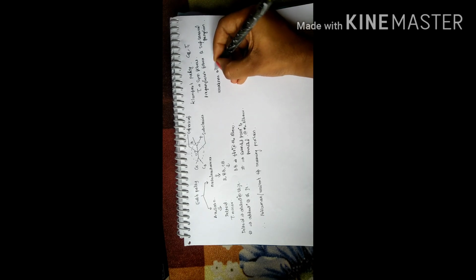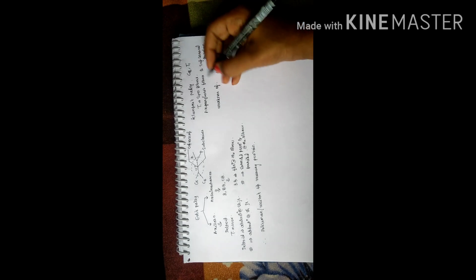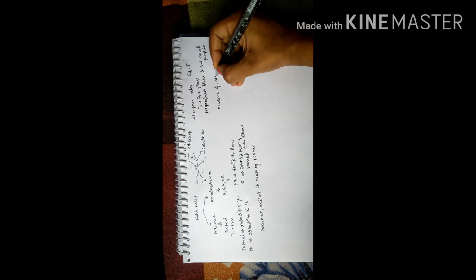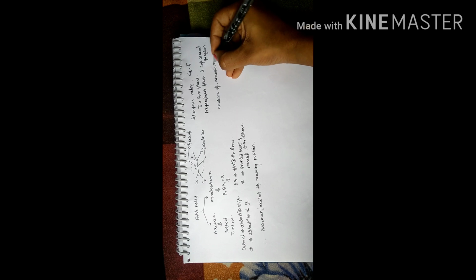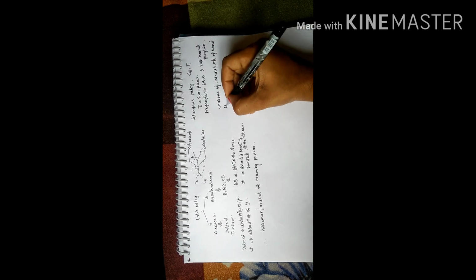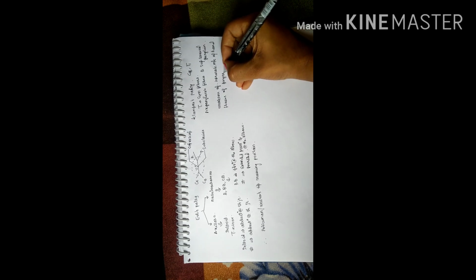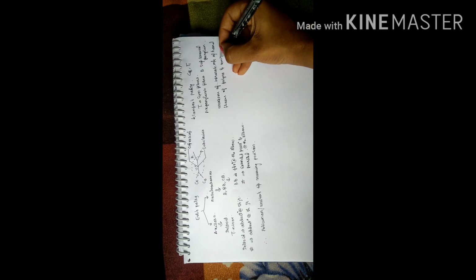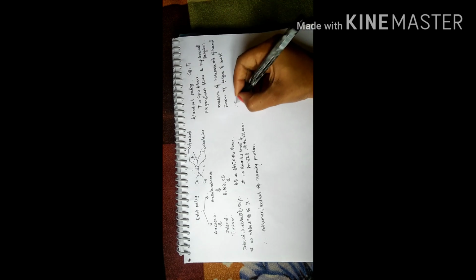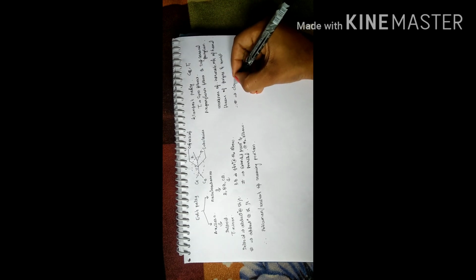It results in weakness of the intrinsic muscles of the hand and flexors of fingers and wrist. Therefore, the lesion results in claw hand.